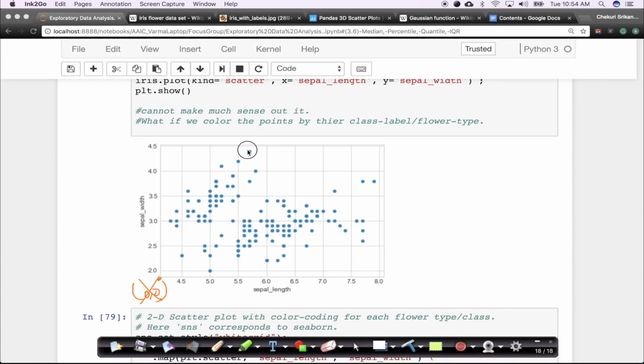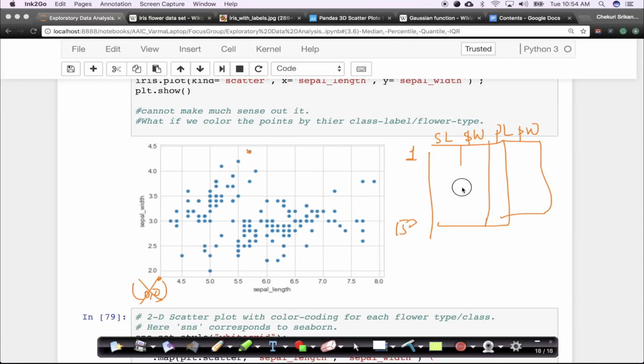And for each point, what we've done is, we have 150 points in our table, and we had sepal length, sepal width, petal length, and petal width, right? And we also had the species, whether it belongs to Setosa, versicolor, or Virginica. Now what we've done is we have taken sepal length and sepal width.